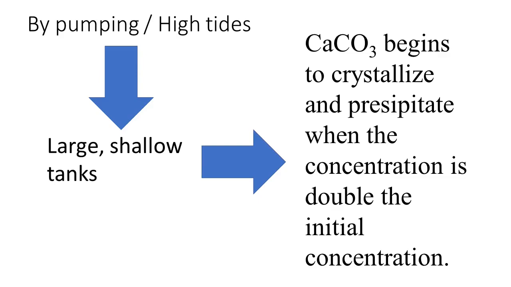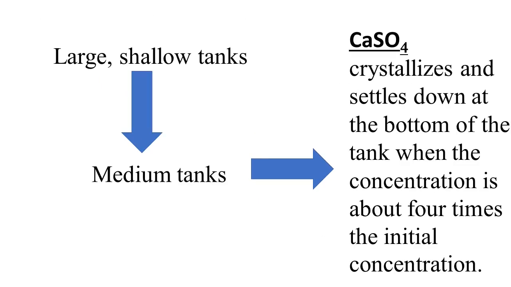When the concentration is double the initial concentration, calcium carbonate starts to precipitate and crystallize at the bottom of the tank. After that, the remaining water is pumped to the medium tanks. At the medium tanks, the seawater is exposed to the sunlight and the concentration increases.